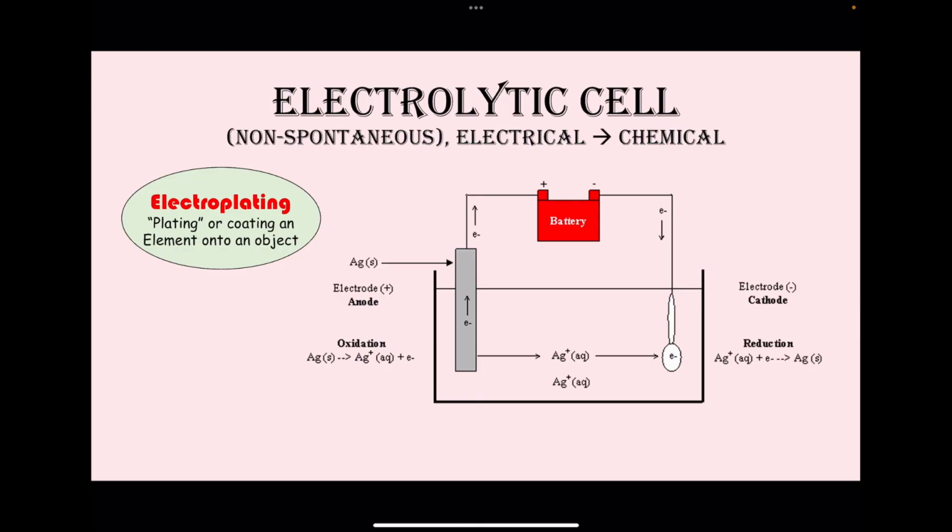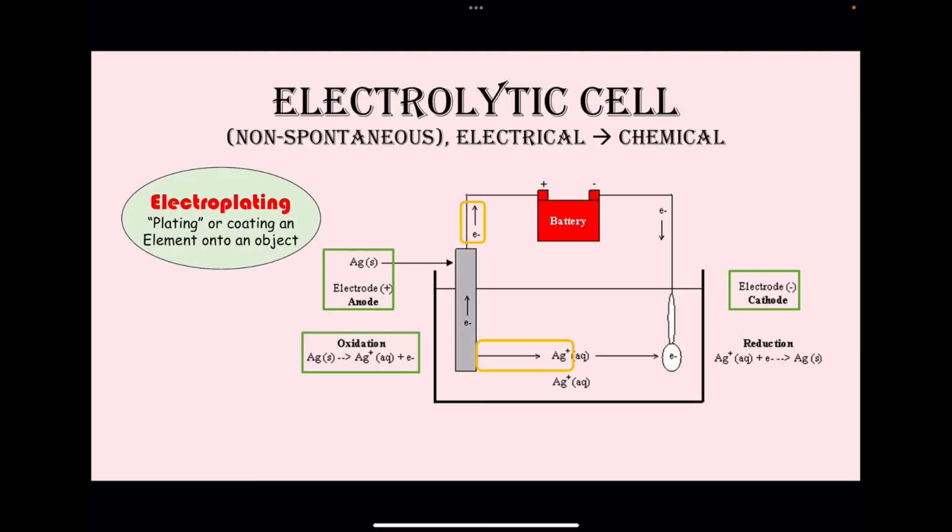So our anode is the silver electrode, and our cathode is the spoon. At the anode, we see that it is losing electrons. That means oxidation is occurring here, and as it's losing the electrons, it's also losing the sodium ions into the solution.